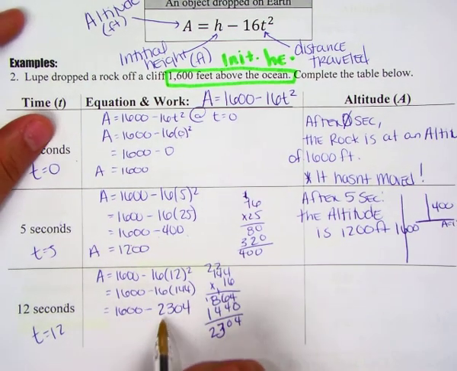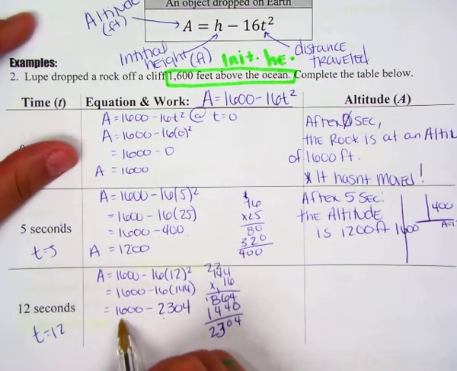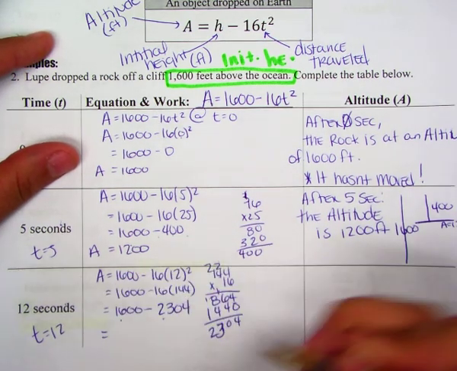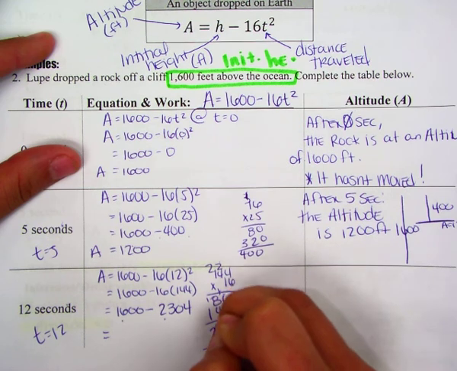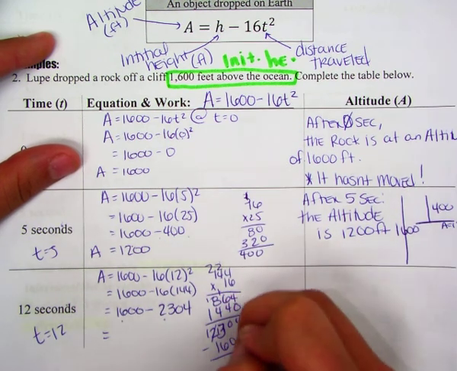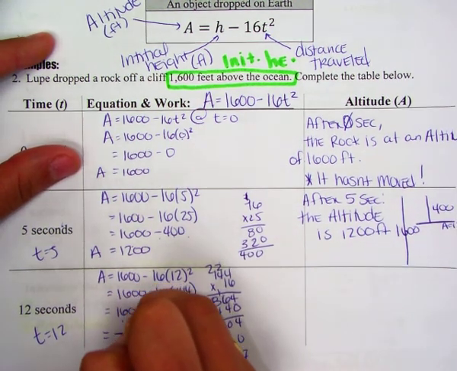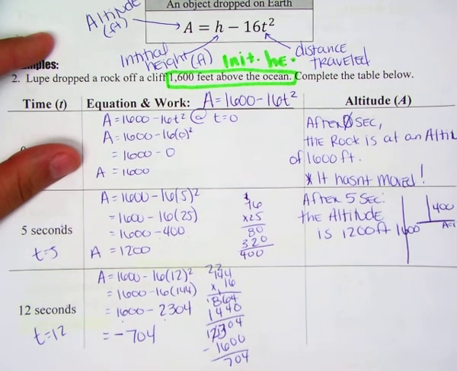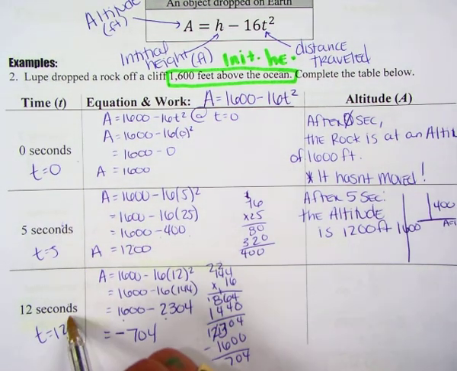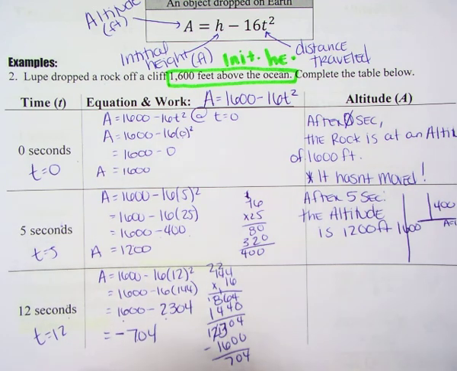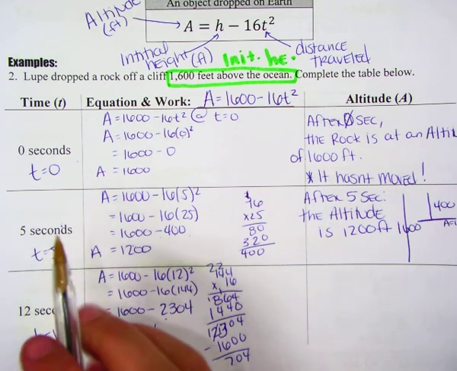So it's traveled 2,304. The initial height was 1,600. You subtract, and that's negative 704. So after 12 seconds, it's at an altitude of negative 704 feet.